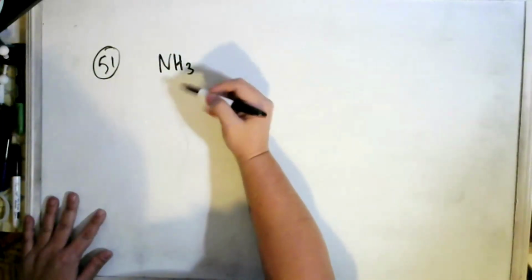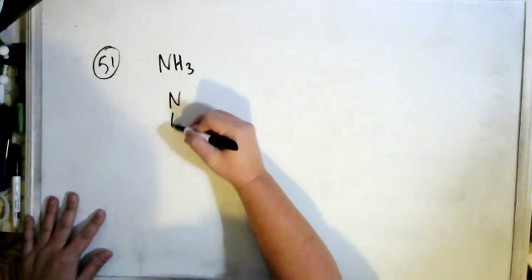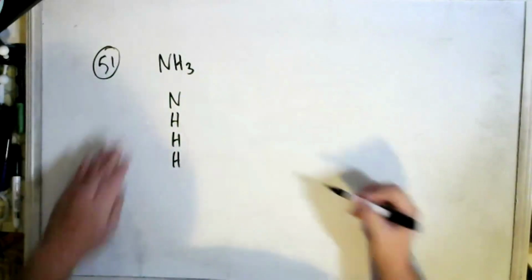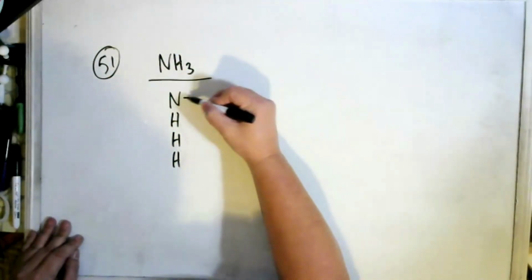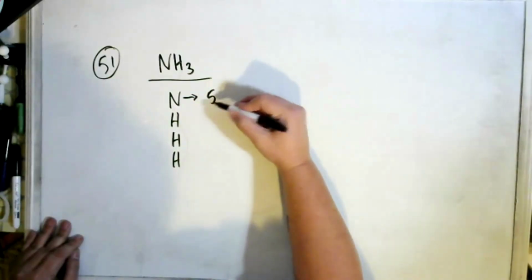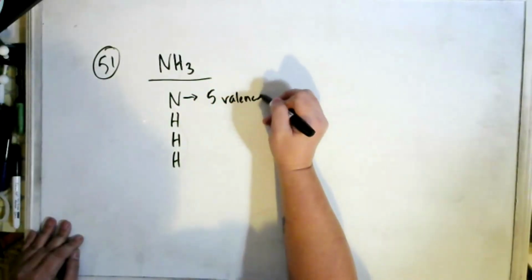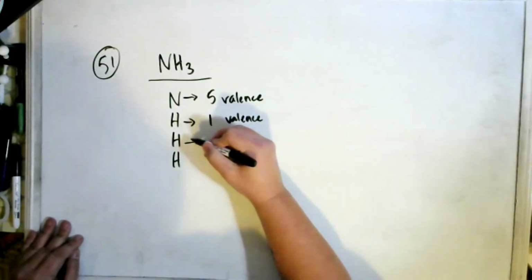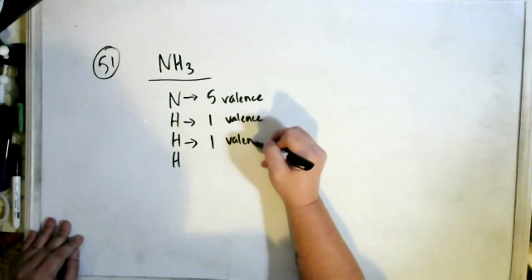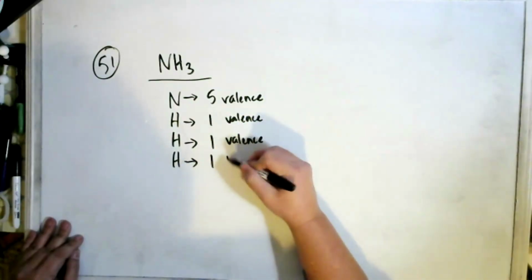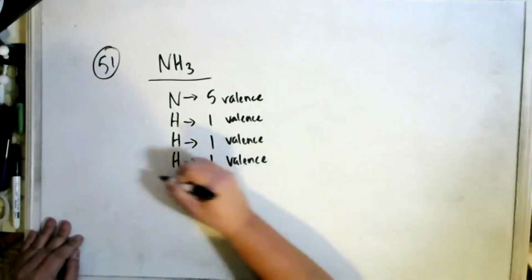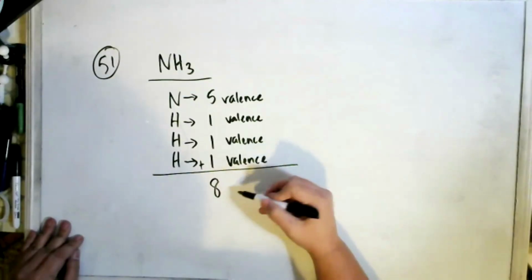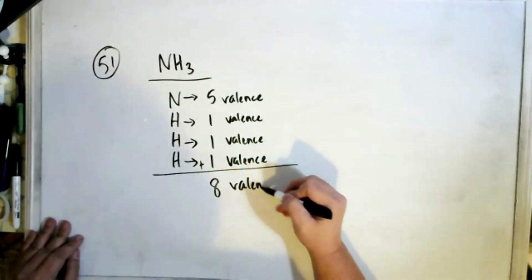If we listed this out, we would be like, we have 1 nitrogen and we have 3 hydrogens. Like that's what's in here, right? And each nitrogen has 5 valence electrons. Each hydrogen has 1 valence electron. And when we add all of those together, we're going to get a total here of 8 valence electrons.